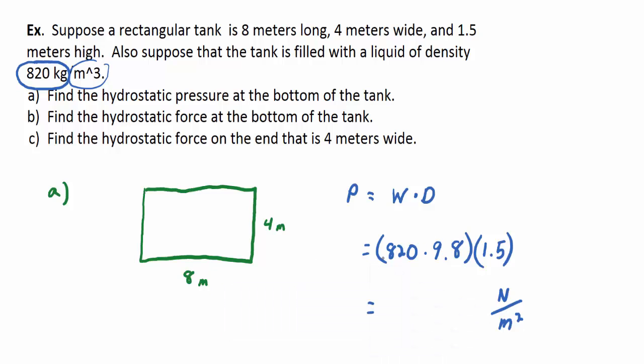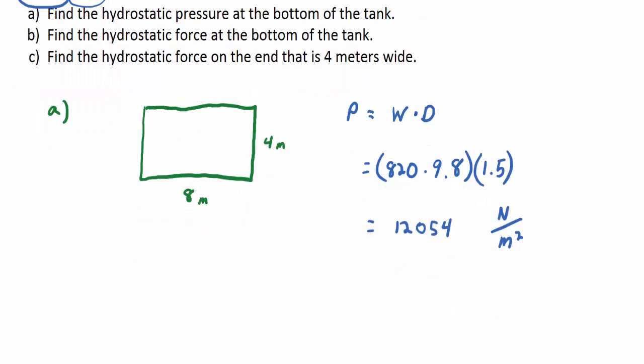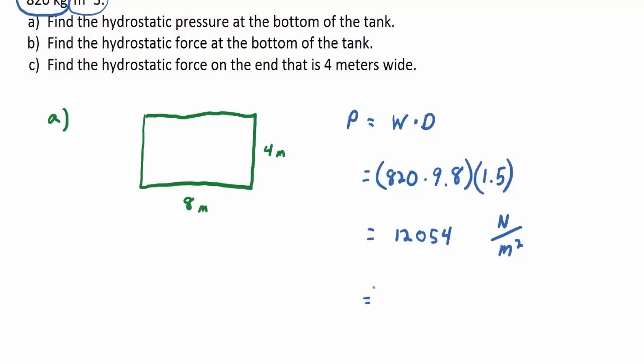What did this turn out to be? Did anybody do this multiplication? 820 times 9.8 times 1.5? Okay, 12,054 newtons per square meter. Now, there's a name for that in the metric system. Newtons per square meter are called pascals, because there was a philosopher who also dabbled in physics.